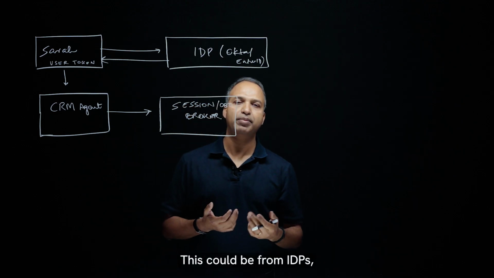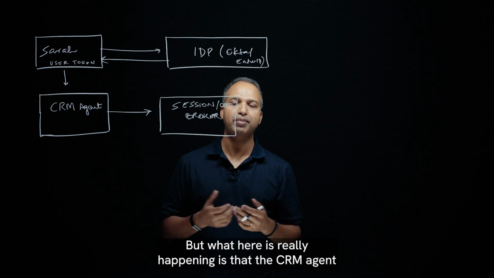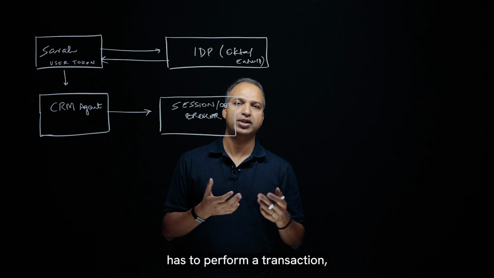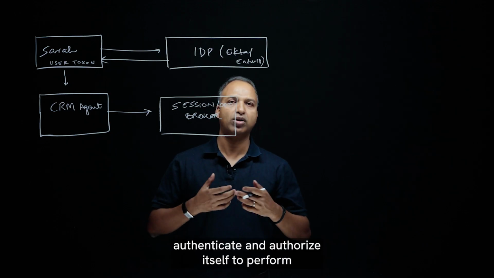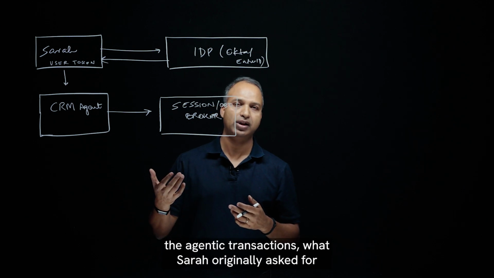These could be from IDPs, these could be from Saviynt, it doesn't matter. But what is really happening here is that the CRM agent has to authenticate and authorize itself to perform the agentic transactions that Sarah originally asked for.